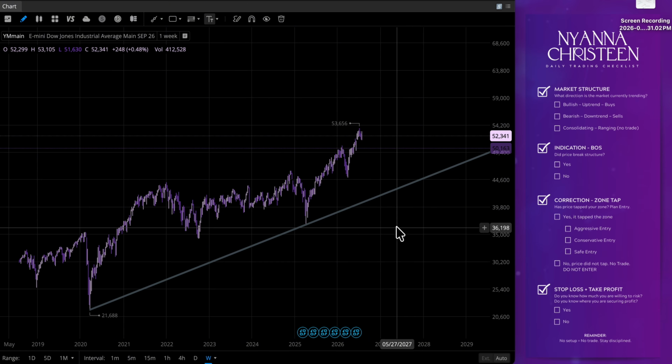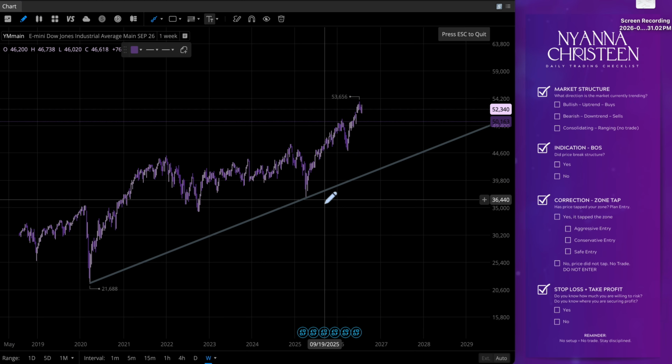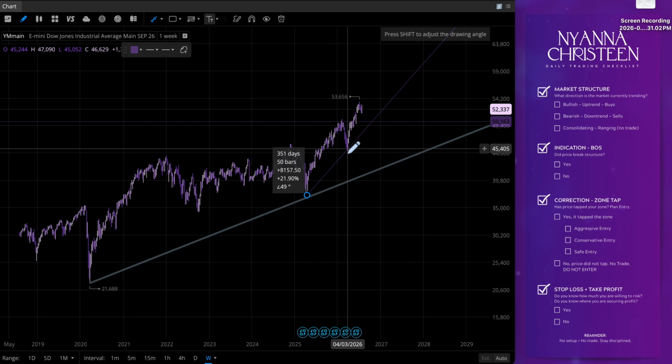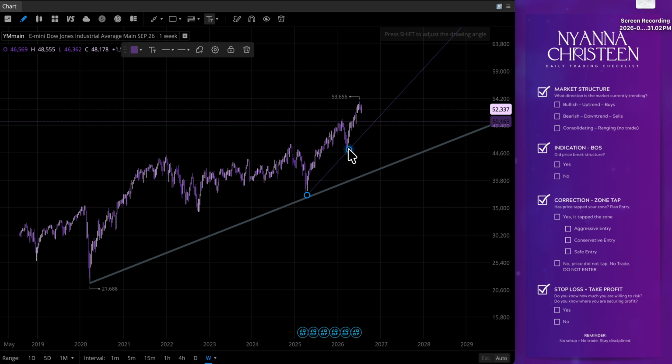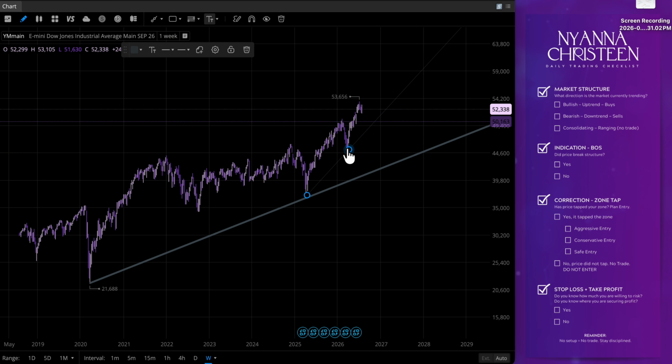But price hasn't come back to this trend line since then. So I'm going to add another one because we're getting more current data. I add it here because that's the last higher low according to the weekly. Sorry, higher low.